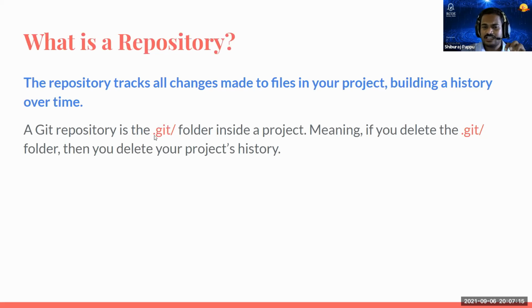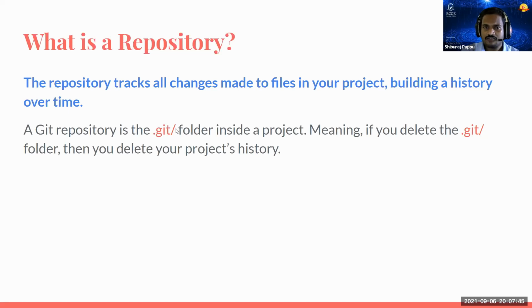If you want to check whether a particular folder is a Git repository or not, you just have to see whether your folder contains this .git folder. If it does, then it is a Git repository. That is one way of checking it.